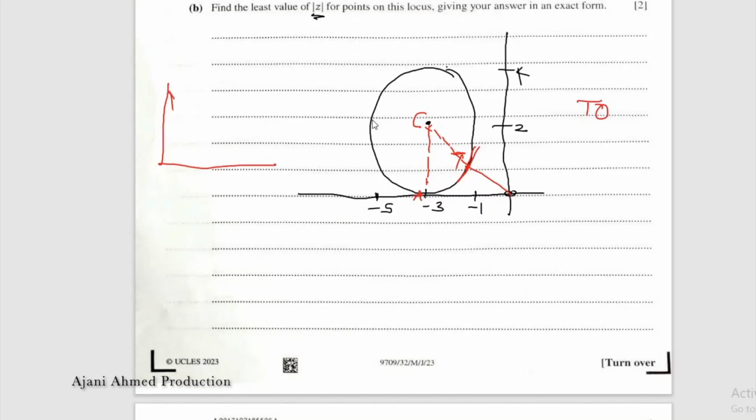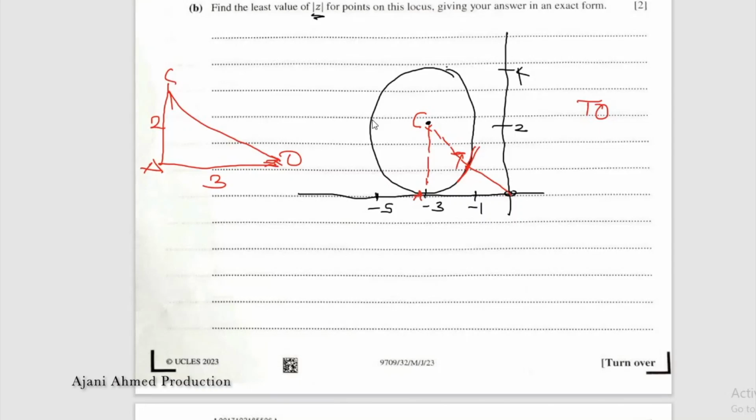This point is O. This side is C. This side is A. From the diagram, AO is 3. CA is 2, the radius.